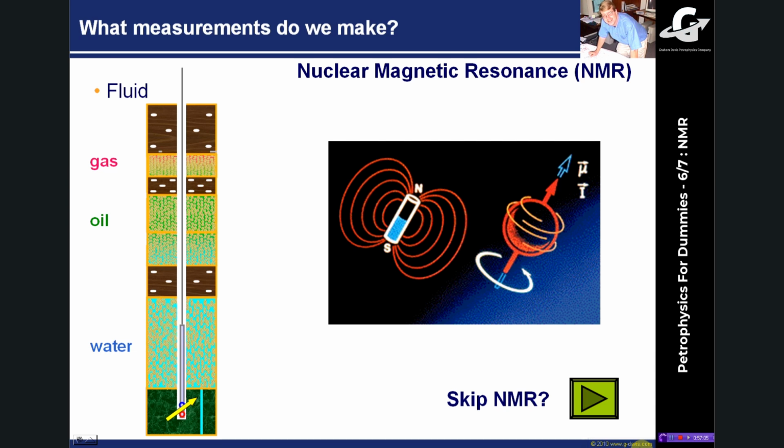Once they're all aligned, they start providing us with a signal. By aligning them together and then applying what's called radio frequencies out from the tool, we can wobble them a little bit, and we can measure the amount of signal we get back.